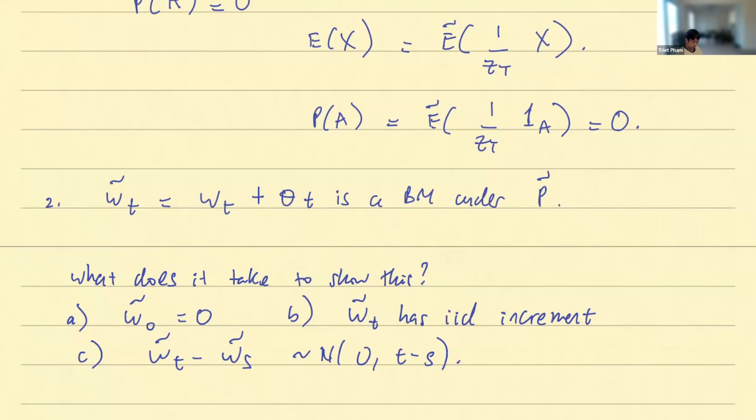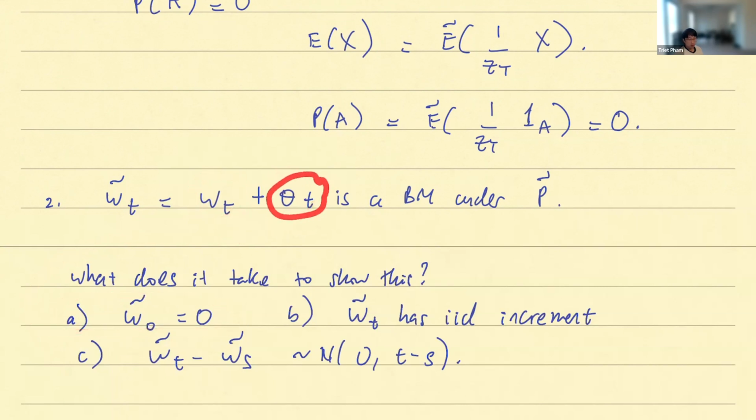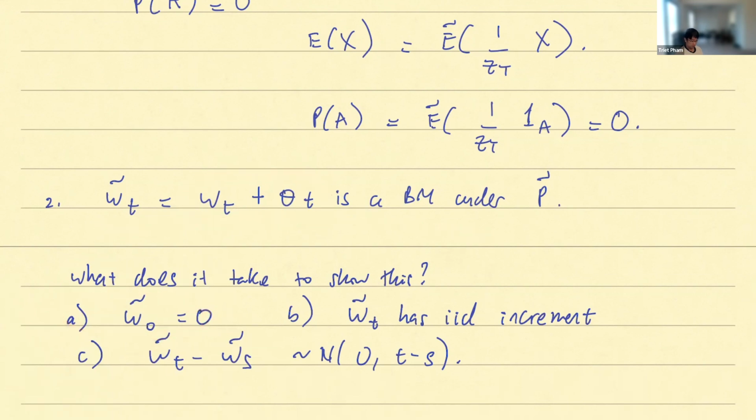First of all, try to appreciate a little bit. Is this true? Well, that's true because at 0, this is 0 and this is 0. So this choice of function also matters. If you choose a function that is not 0 at 0, like a general drift, then technically this can still be a Brownian motion, but it doesn't start at 0. Here, because our choice still starts at 0, that's good.